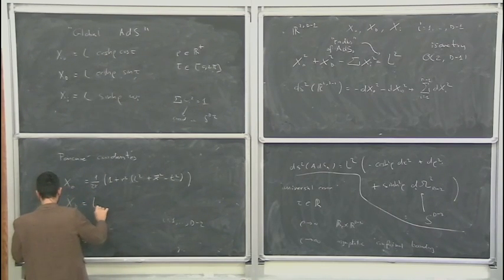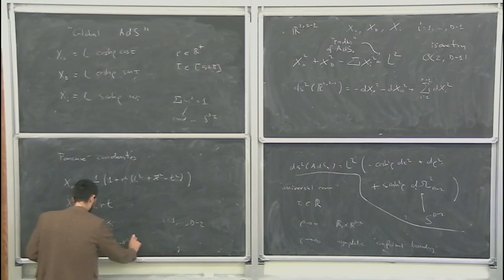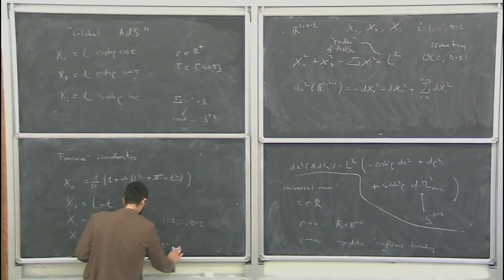This is simpler. This is L, R, t. This is L, R, xi. And this is longer, 1 over 2r, 1 minus r squared L squared minus x squared plus t squared.